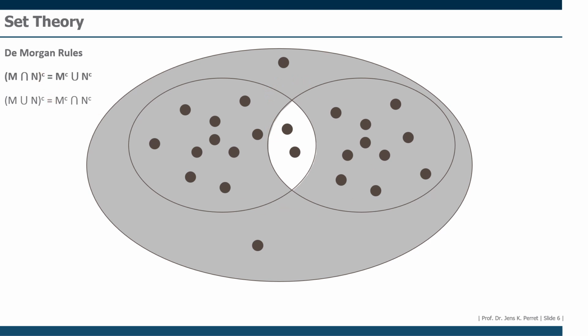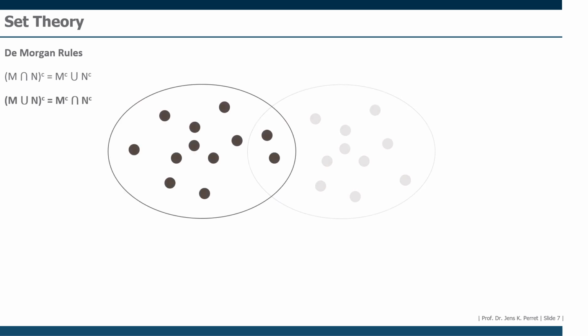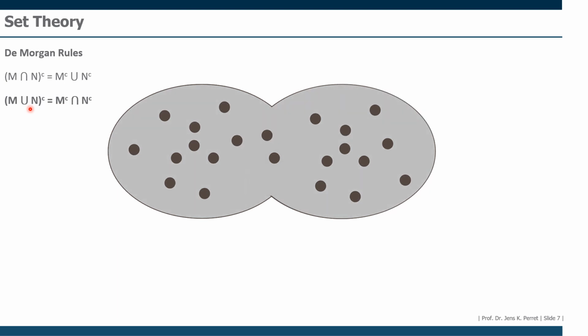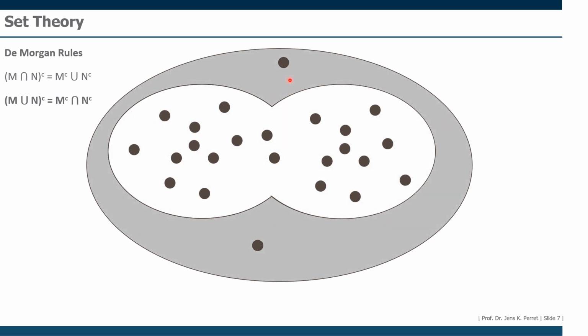Now we can take a look as well at the second rule. With the second rule, we're going to start with M and N again. We consider the union first. That's this one. And then the complement of the union, which is everything which is not in this area. So it's everything outside of it. This one here.